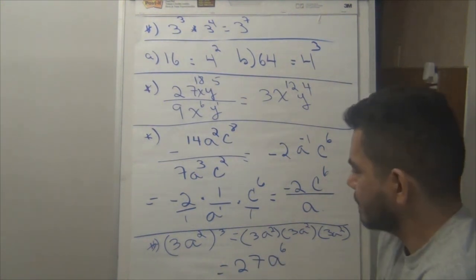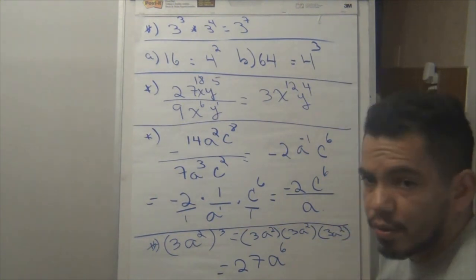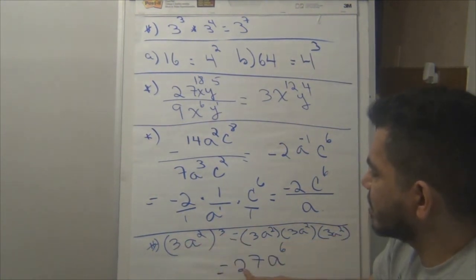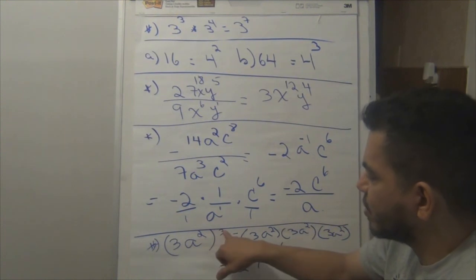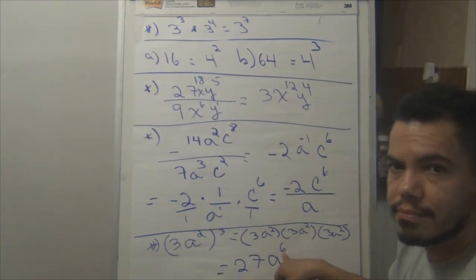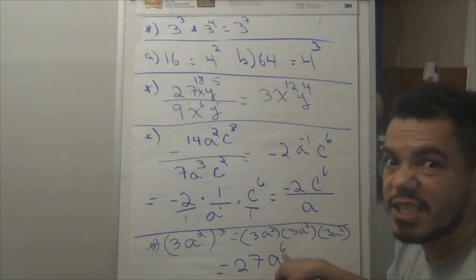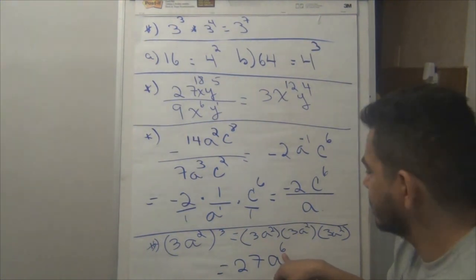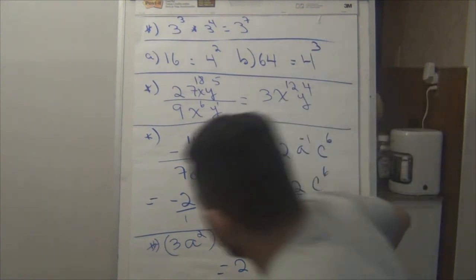Got it? Or I could have done the following. 3 to the third power is 27. A to the second to the third, well, 2 times 3 is 6. Nice. Alright, so basically that's what you have. Let's move on to the next problem.